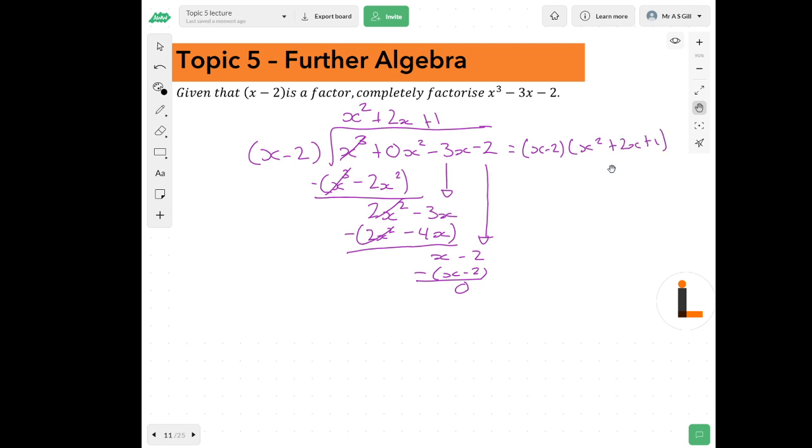So we get this as the first bit of our answer from the long division. But there's a hint in the question here.